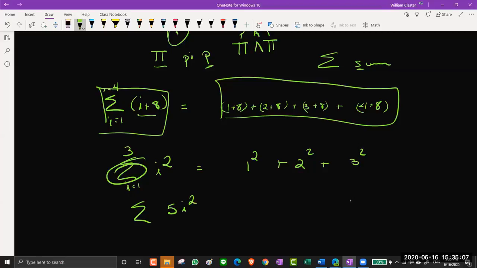How about this one? If I'm lazy, I won't write the i here. In other words, I could write it like this: i equals 3, i equals 6.